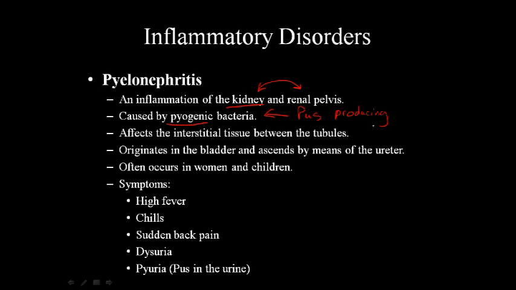And it affects the interstitial tissue between the tubules. It originates in the bladder and ascends by means of the ureter. So this is something that you want to keep in mind, that it originates in the bladder, and then it climbs somehow up the ureter. It progresses through the ureter, and then basically attacks the kidney.